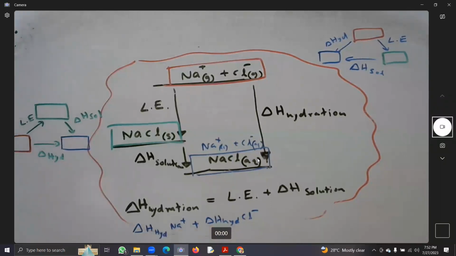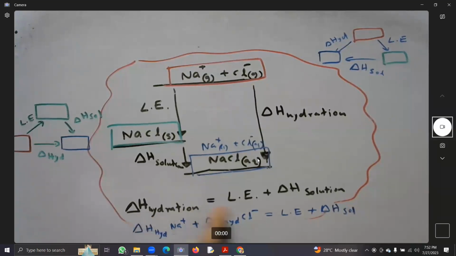Both hydrations are equal to lattice energy plus delta H solution. Then we can use the delta H hydration value and subtract the chloride one, so we get the magnesium one.